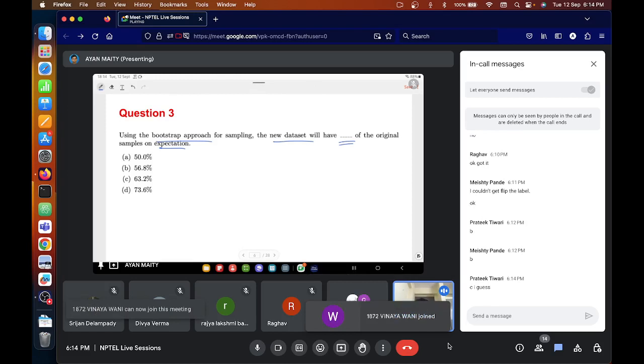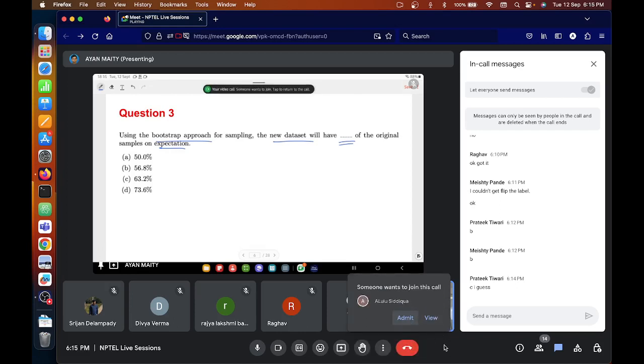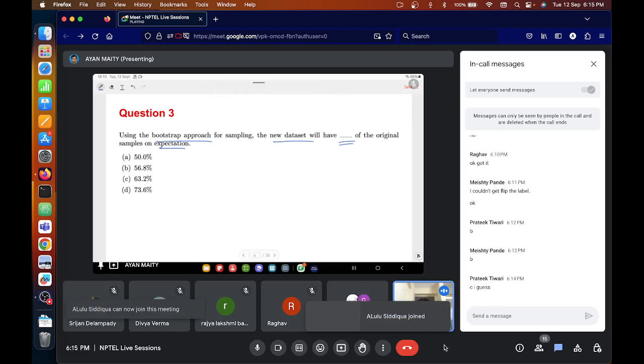The bootstrap is same as bagging approach. So as in case of bagging we do sampling with replacement, same approach is done in bootstrap also. Pratik is saying option C, which is 63.2%.